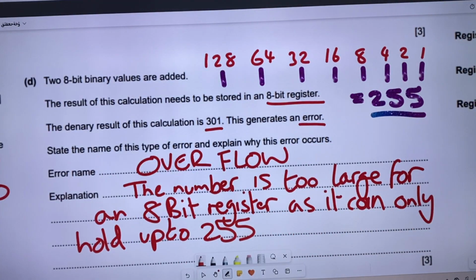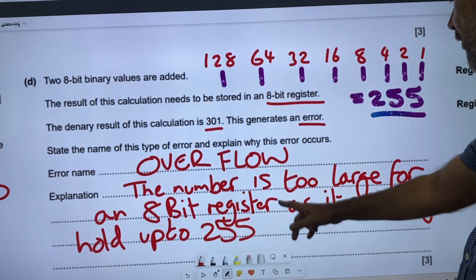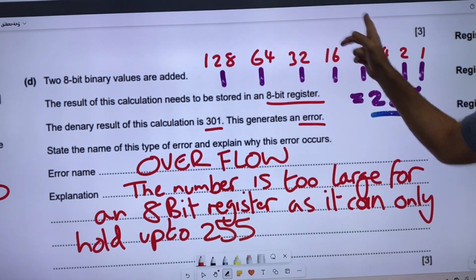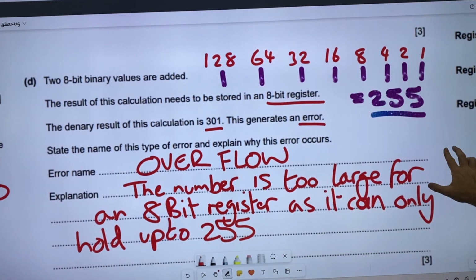So it's called an overflow. That's worth 3 marks. Okay, the number is too large for the 8-bit register as it can only hold 255, as we've seen there.